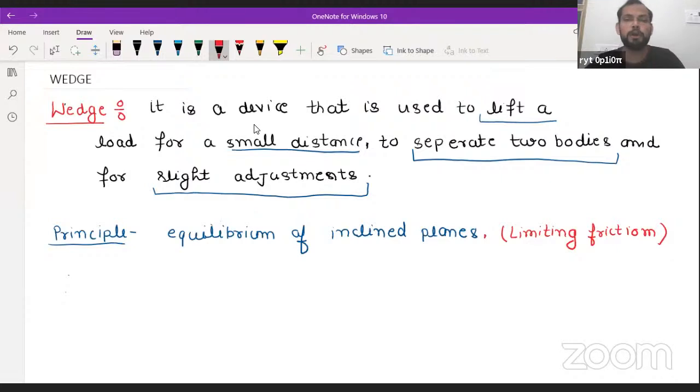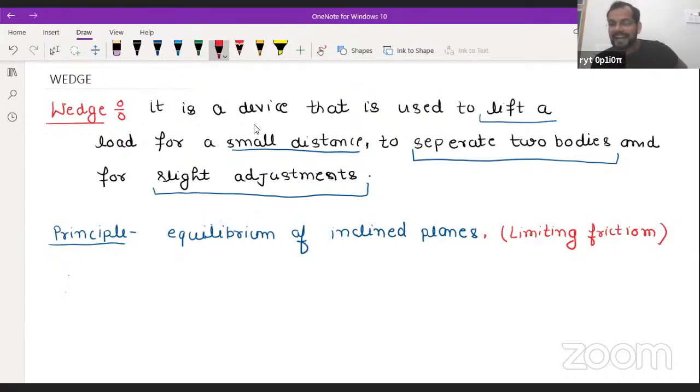Friction you have already studied, I know this, but the wedge concept, the belt pulley concept, and the screw jack concept are very new. So if you have any doubt, you can ask here. Please respond, because whenever you respond, it motivates me also. Fine, that you are interacting. Fine, very good.